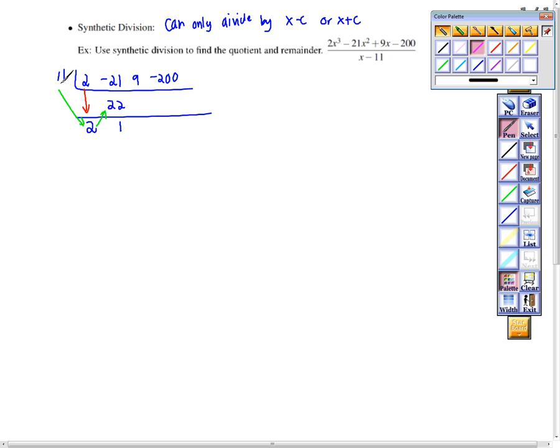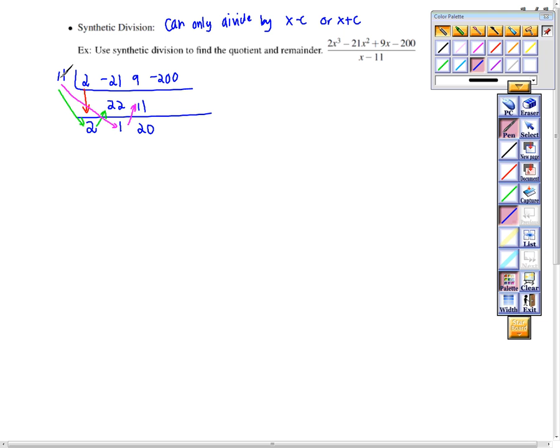And then we're going to take this 11 and multiply it by that 1 and put the answer right there. So 11 times 1 is 11. Then we're going to add these, combine these. 9 plus 11, we know that's 20, right? Okay, and then we follow the same pattern. What do you think we do next?